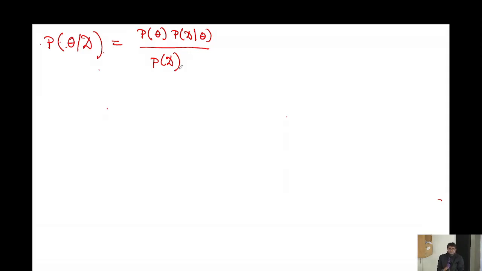Okay. Anyways, because the terminology came, let me spend 5 minutes defining this. So this is known as posterior. Posterior probability, posterior distribution, either of these can be. In this case, it's posterior probability. If I write in terms of PDF, it will become posterior distribution.